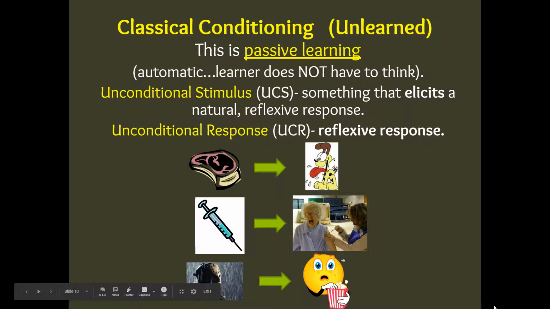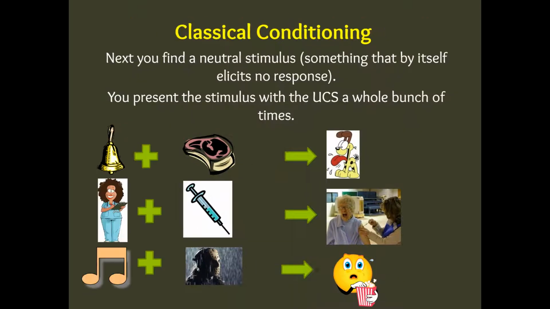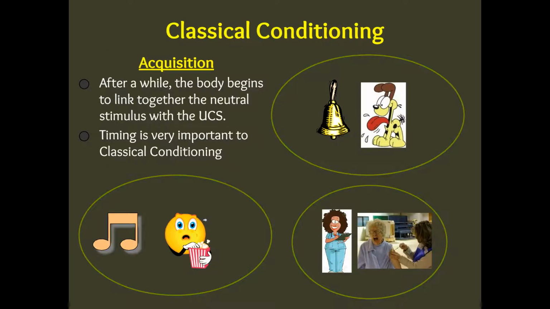So now let's take a look at what our conditioned stimuli are here. What are we attaching to these things? You ring a bell with the food for the dog. Hey, that's that experiment we talked about earlier. A nurse brings the shot. And there's music, right? You guys all know the music. You can imagine it for scary movies. And that's attached to it. So let's take a look at what happens here. After a while, your body begins to link together the neutral stimulus with the unconditioned stimulus.